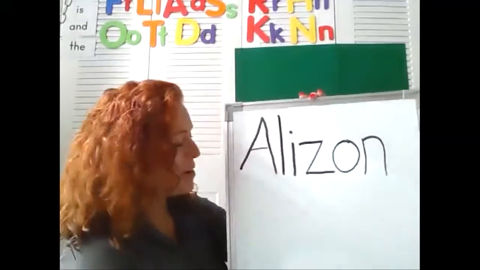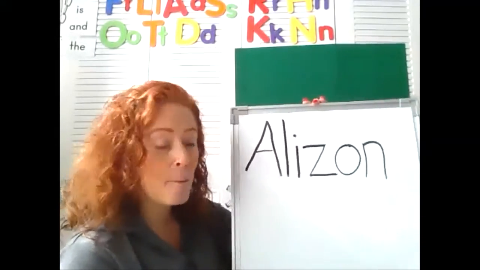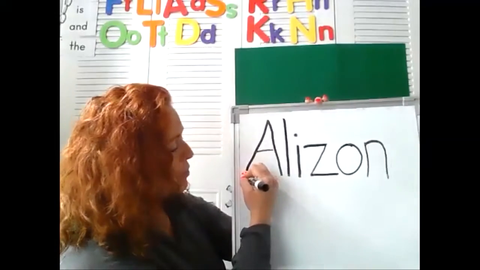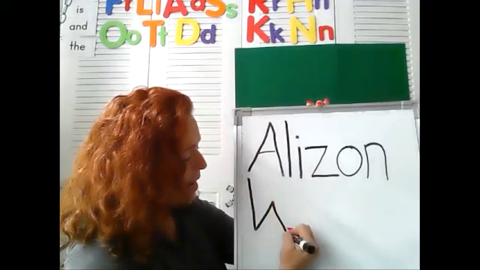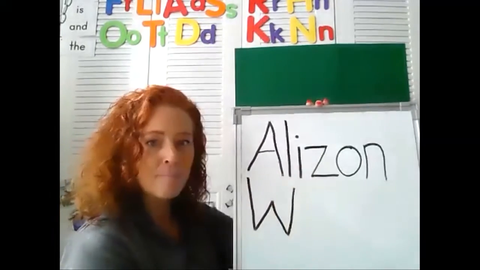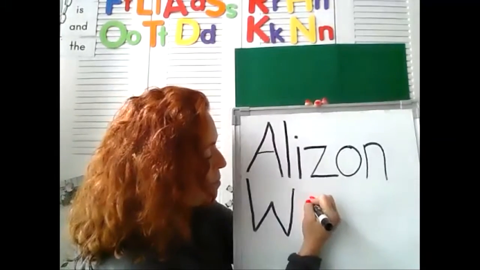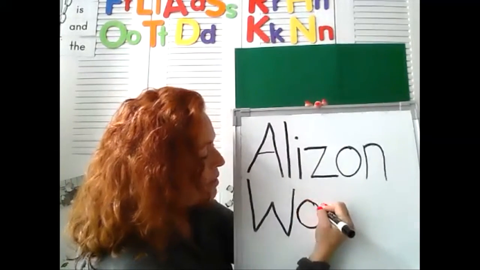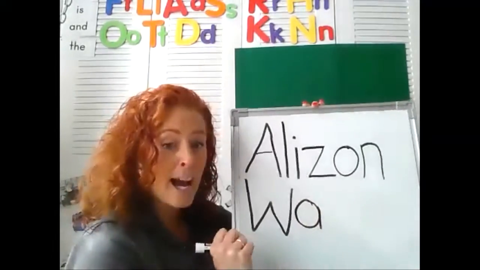So Waden begins with a W. So we're going to go down, up, down, up. W. And we're going to make an A. So let's make that circle with a line. He also has a Y in his name.